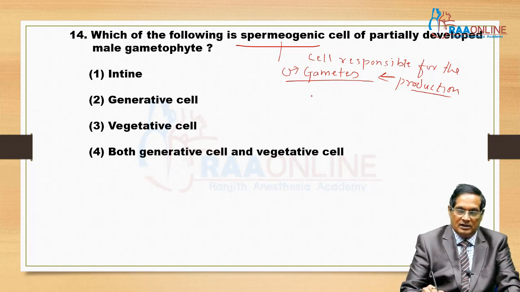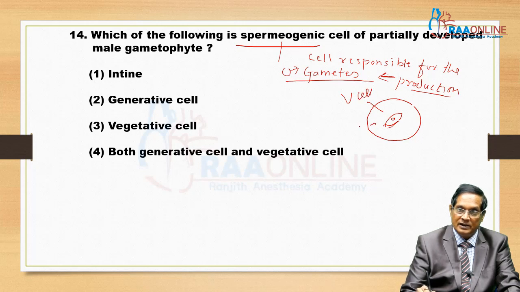And in the past question, I have already described the development of male gametophyte. That is, this is generative cell, this is vegetative cell, and this floating cell is generative cell.